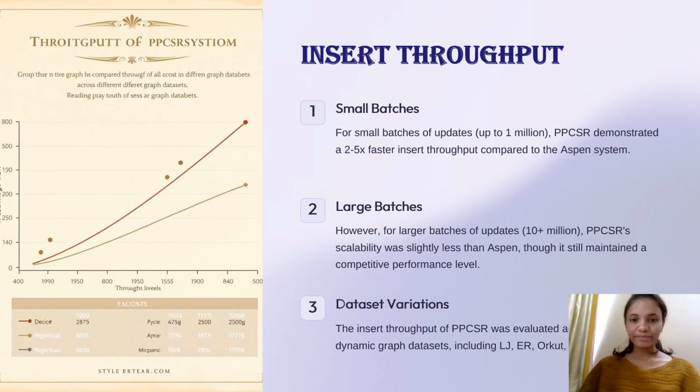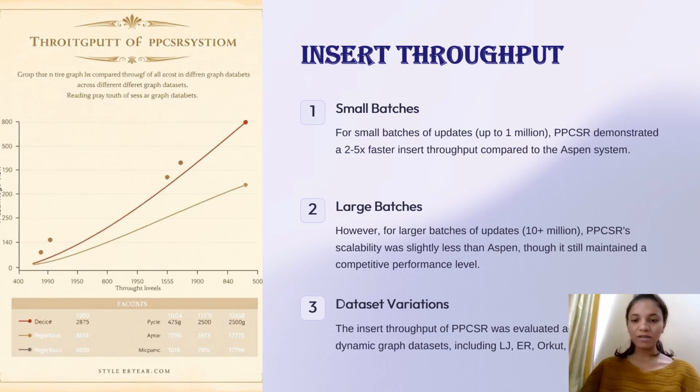Insert throughput. First one, small batches. For small batches of updates, that is up to 1 million, PPCSR demonstrated a 2 to 5x faster insert throughput compared to the Aspen system. The second one, large batches.